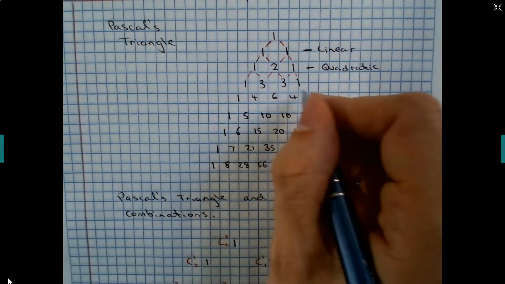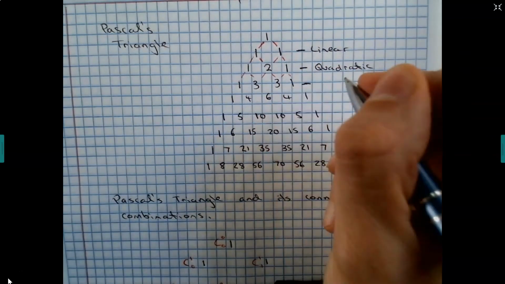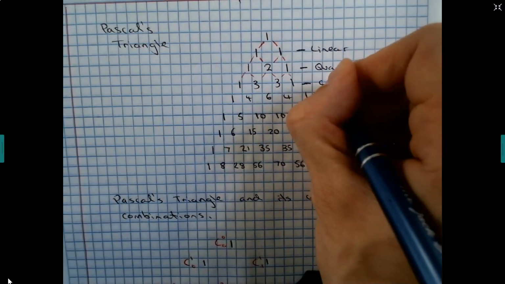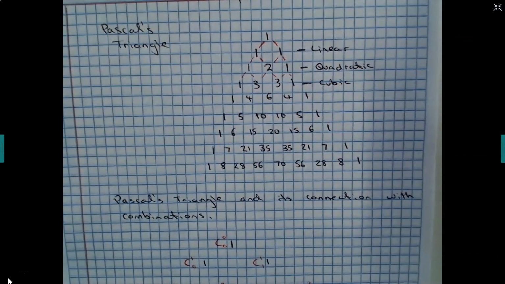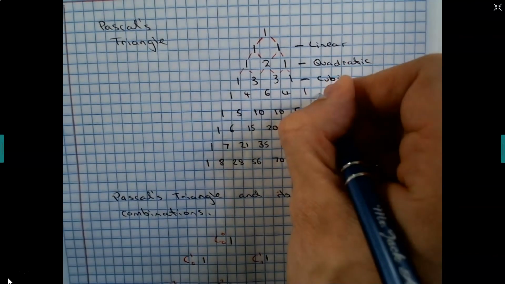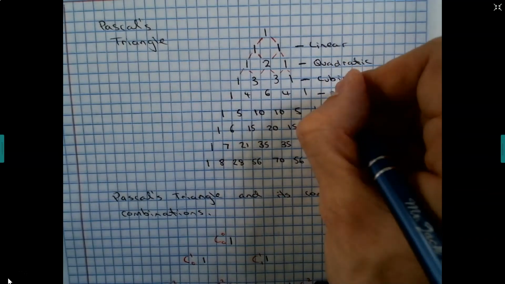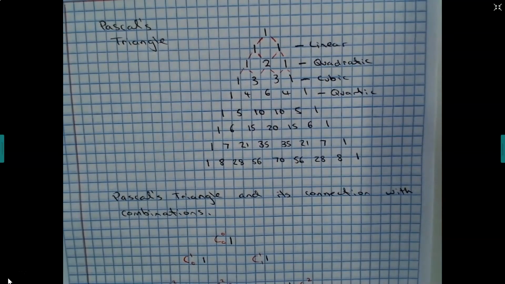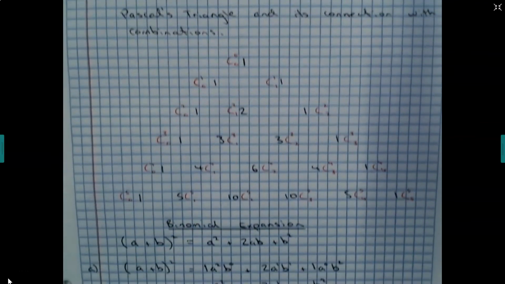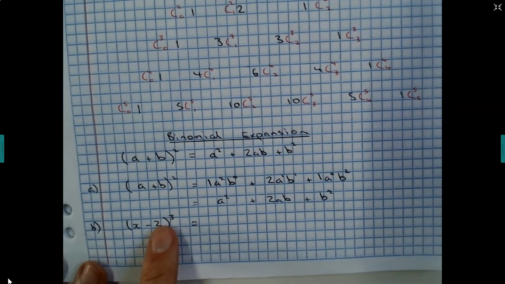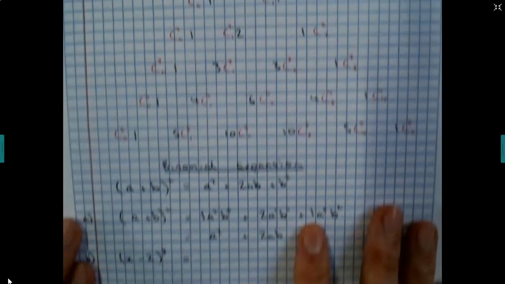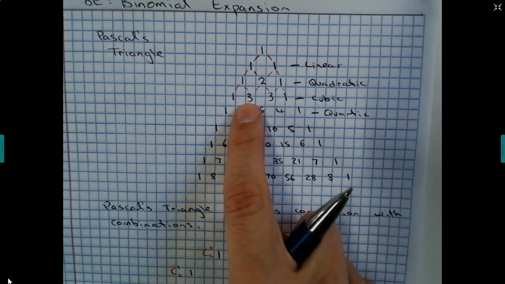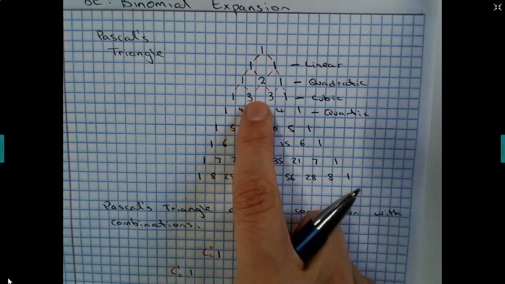Now this row here we're going to use for a cubic. So if it's to the power of 3, and then this row here we're going to use for a quartic, and so on. All right, so here I've got something to the power of 3, so it's a cubic. So the row of Pascal's triangle that I'm going to use for the coefficients is this, 1, 3, 3, 1.